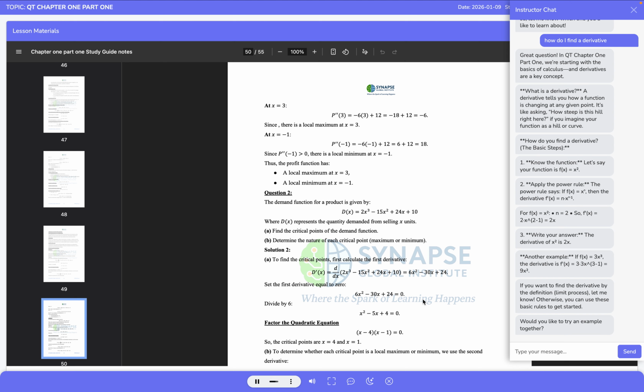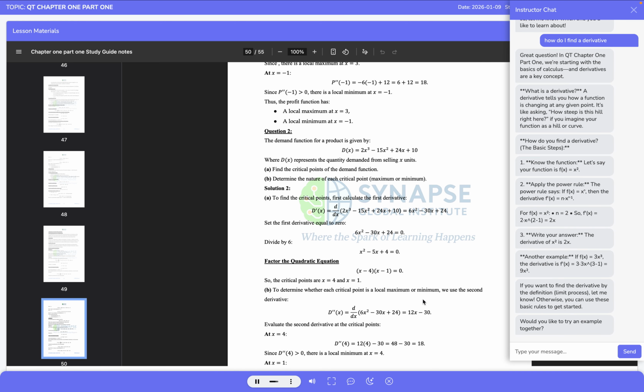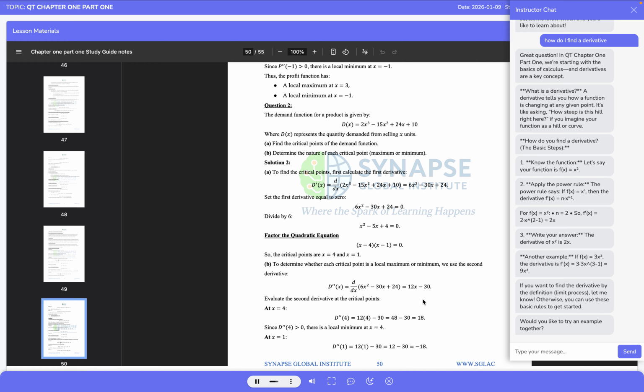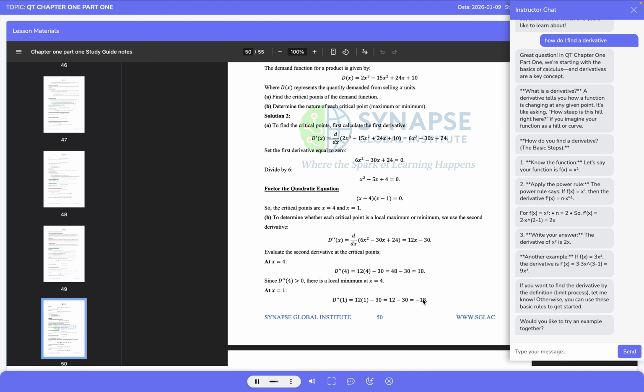Setting this equal to 0 and dividing by 6 simplifies this to x squared minus 5x plus 4 equals 0. Factoring gives x minus 4 multiplied by x minus 1 equals 0. So the critical points are x equals 4 and x equals 1.